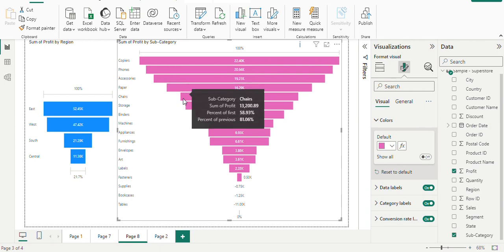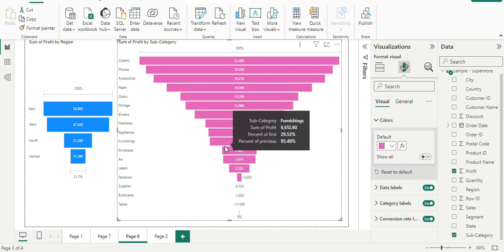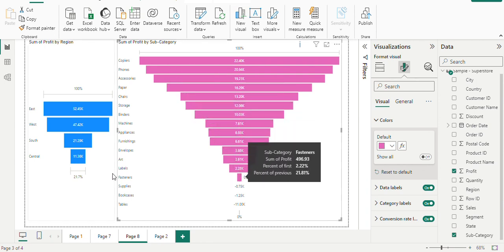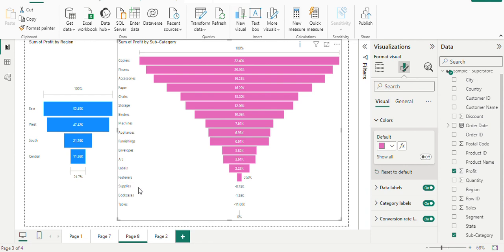If we look, it's arranged in decreasing order, but at the end we have fasteners, and then supplies, bookcases, and tables. The value itself is negative. So looking at the visual, we can say supplies, bookcases, and tables all have a negative value. This negative value indicates that they are in loss.